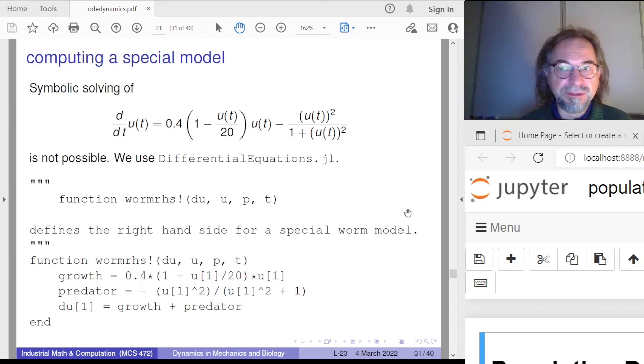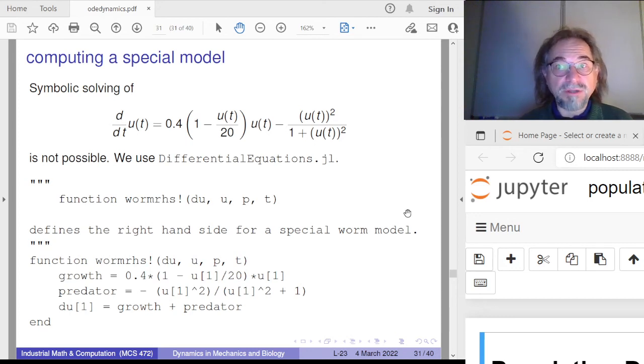This is where we need to program something. We need to define the function that will be passed to the numerical solver that defines the right hand side. We have the parameters sitting in there, 0.4 and 20. Here I didn't take it from the P. They are simply constants in the body of the function.